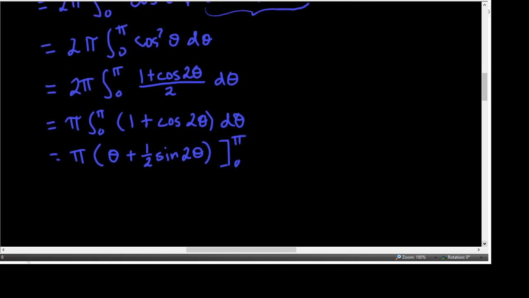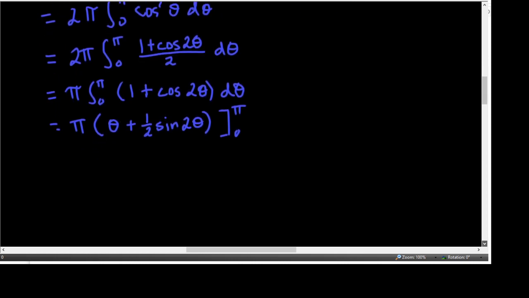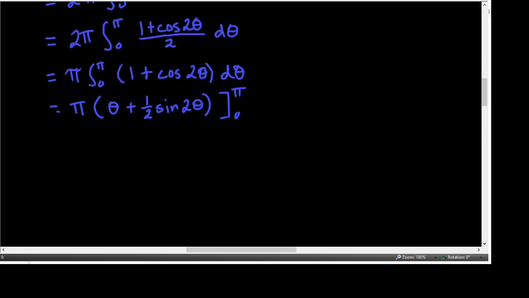We'll start by substituting in pi first, minus substituting in 0. So that'll be pi times pi plus 1/2 sine of 2 times pi, so 2 pi, minus pi times 0 plus 1/2 sine of 2 times 0.